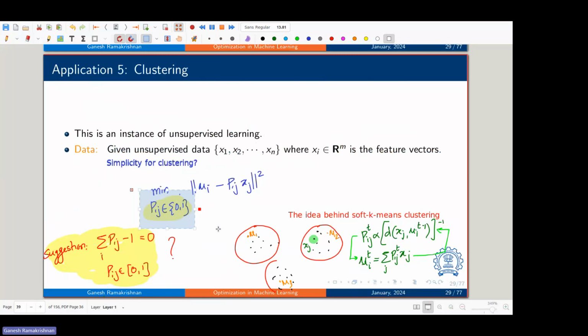Any other notion of simplicity you can think of? I have one more part in yellow highlighted, right? What is that saying?